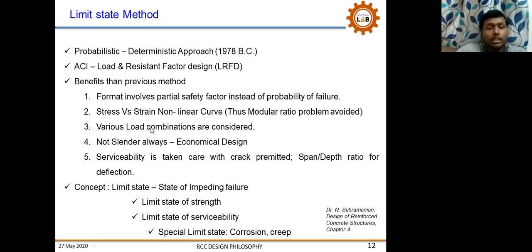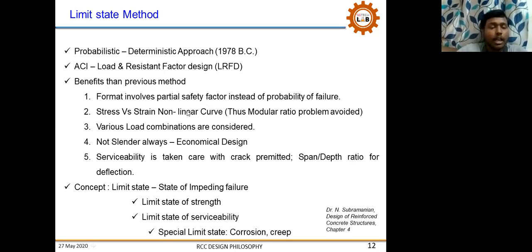It is known as LRFD in the American Concrete Institute. What are the various benefits that other methods do not have? A lot of partial safety factors are considered, where instead of probability of failure, just the partial safety factor is used, so they don't have to find the probability and work out the mathematics.